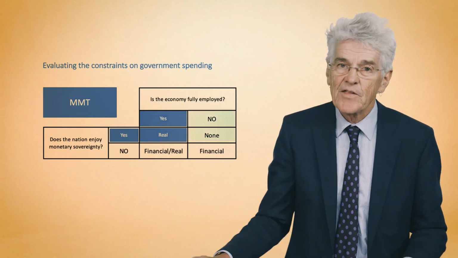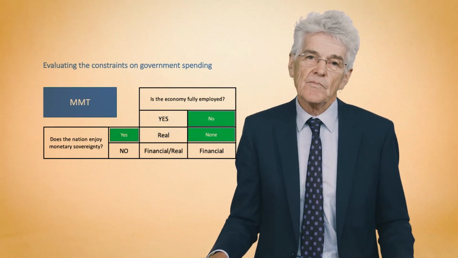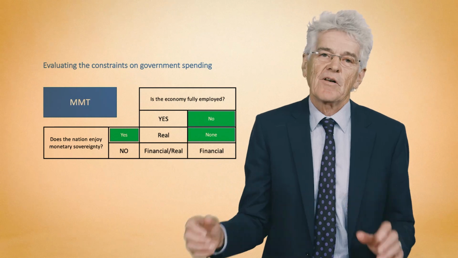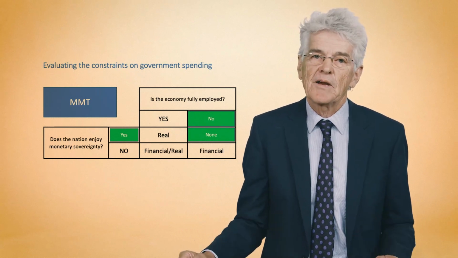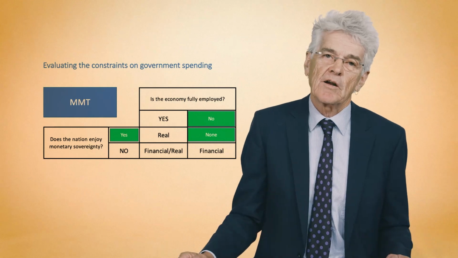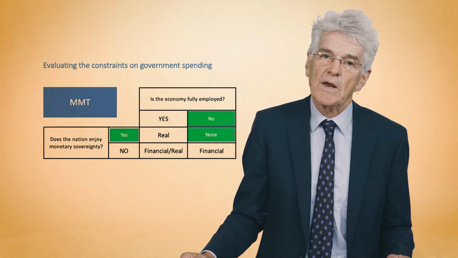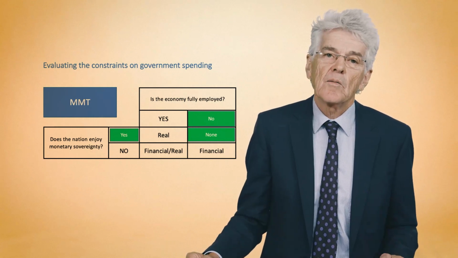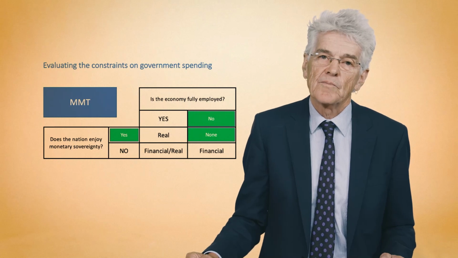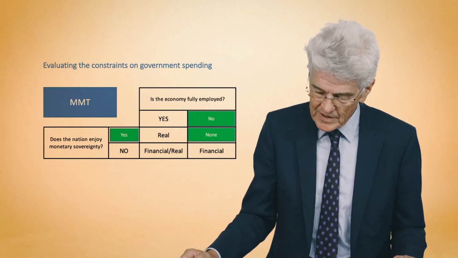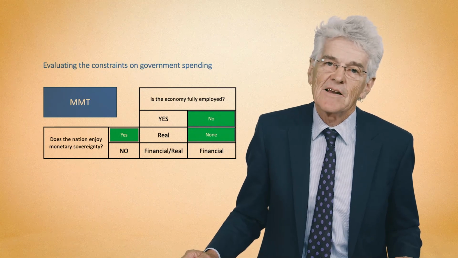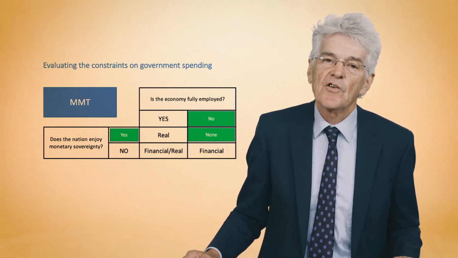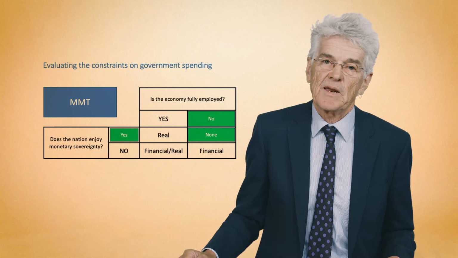Now take the other alternative, where we've currently, for example, got mass unemployment because of the pandemic, or during the global financial crisis, we had massive unemployment. Well, then in that context, what resource constraints exist? None. No financial constraints. So there are no constraints on government spending in that context.